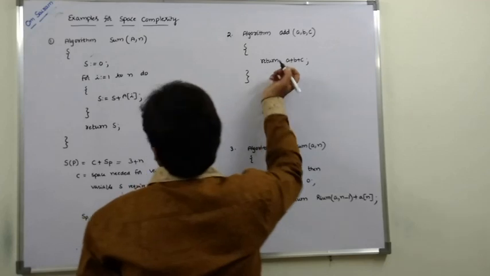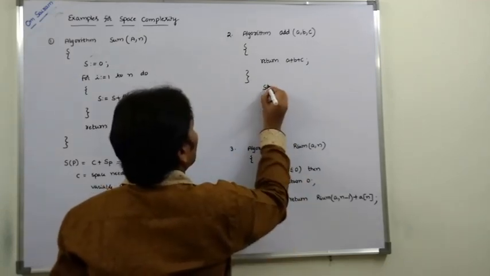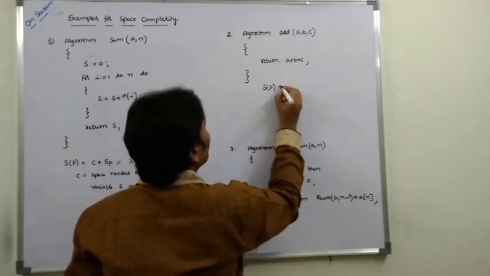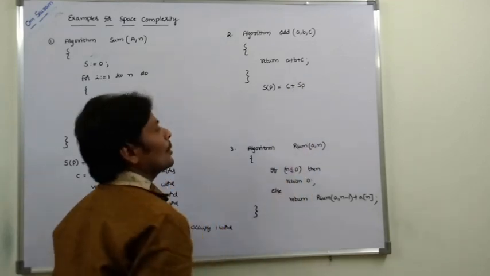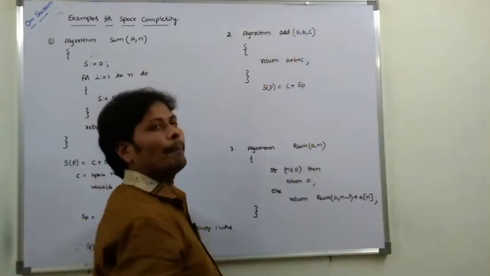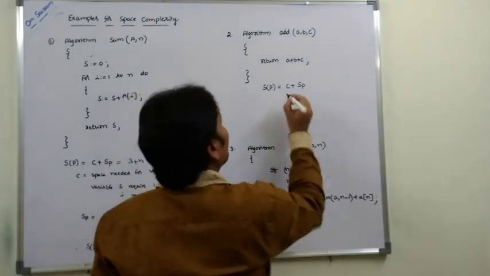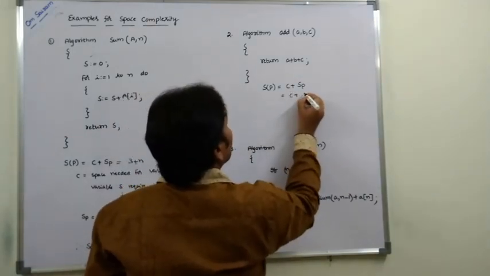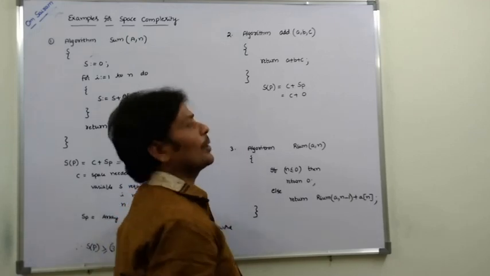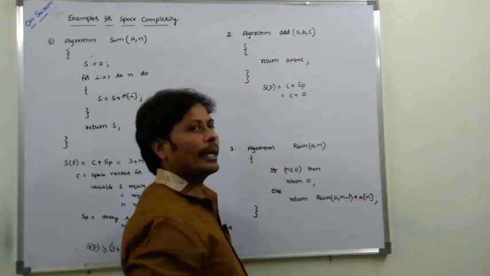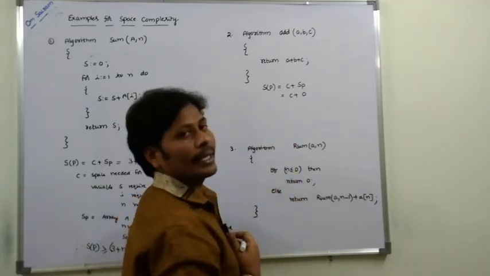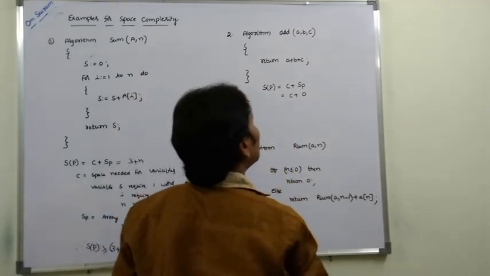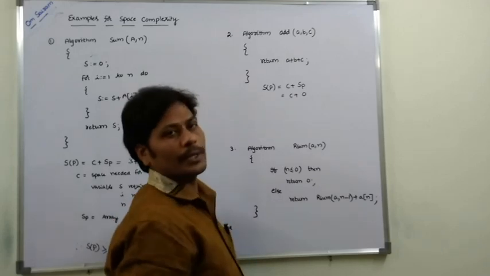Next, go to this one. So the complexity of an algorithm P is equal to C plus S suffix P. Here there is no variable part. So therefore C plus 0. There are no loops, no switch cases, no if else statements. At that time S suffix P is equal to 0.